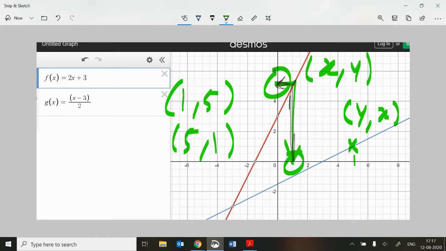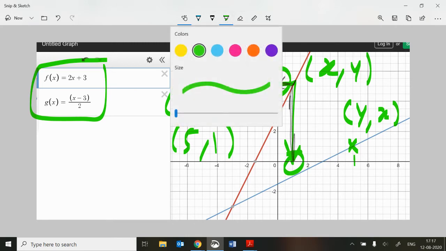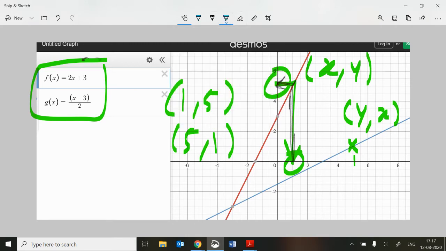Right, and that's the reason or the logic behind the technique which I'm just about to show you on here. But one more thing before we go on to that technique of switching around the x's and the y's. You should also notice that this red line is a reflection of this blue line here. So it's a reflection in the line of y is equal to x. And all inverse functions are a reflection in the line of y is equal to x.